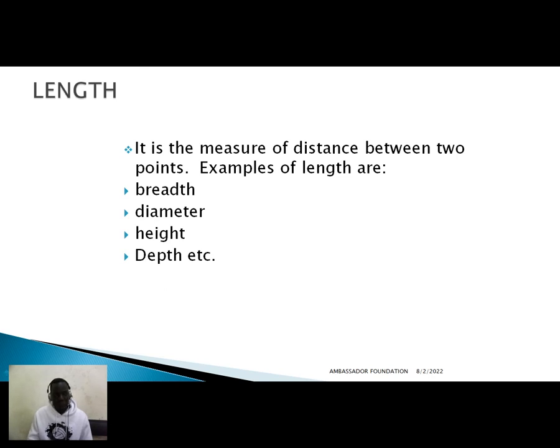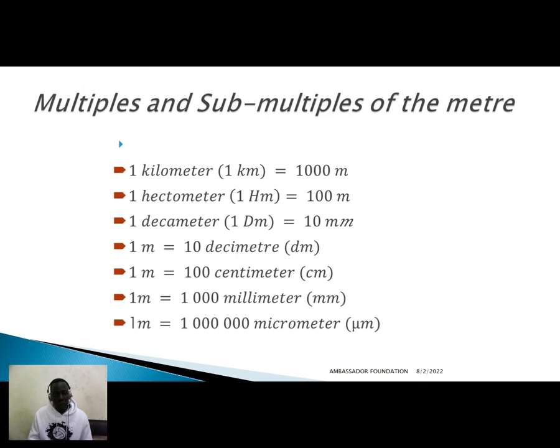And we are going to see how length is measured. We are going to see the units of measuring length, just like we said when we were looking at the physical quantities. Now, we know very well that length, its SI unit is meter.